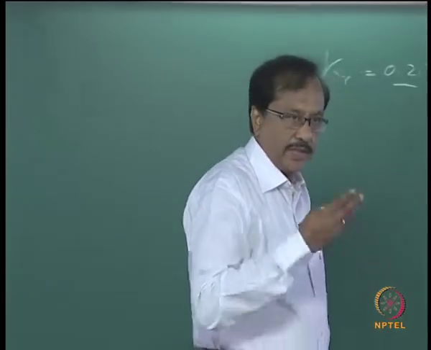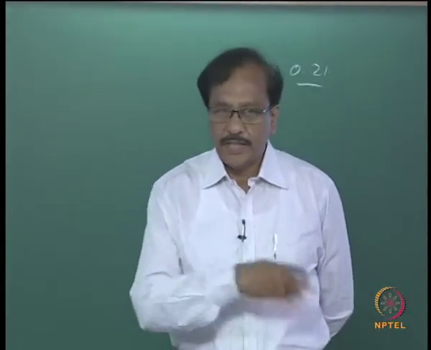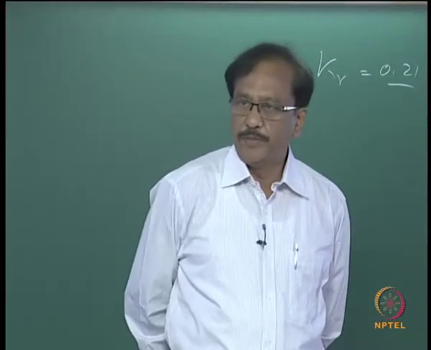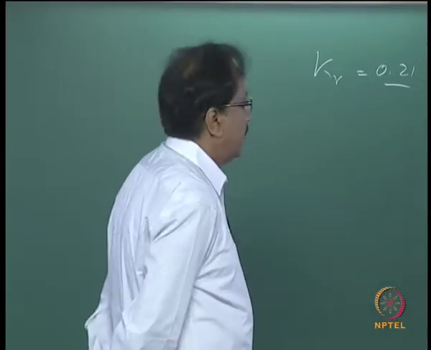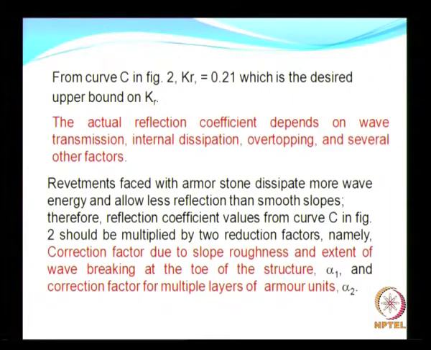I have already told you about the phenomena that is likely to take place. When I say upper bound, the actual reflection coefficient is bound to be smaller than the upper bound, okay. So the actual reflection coefficient is going to depend on the wave transmission, then internal dissipation, overtopping and several other factors as I have mentioned earlier, okay.